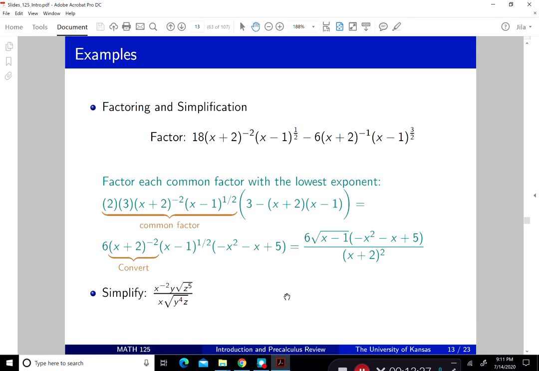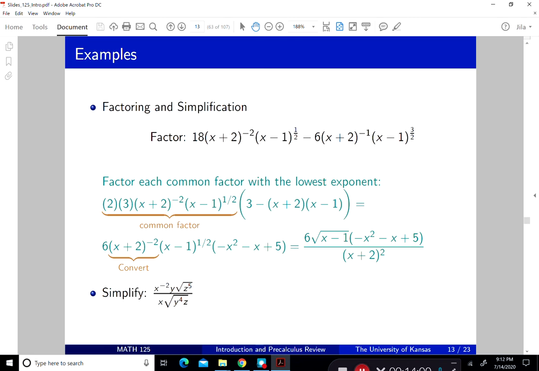Now let's simplify an expression like x to the power negative 2 times y, times the square root of z to the power 5, over x times the square root of y to the power 4 times z. When you simplify this one, remember it's z to the power 5/2, so that's the first thing to remember.